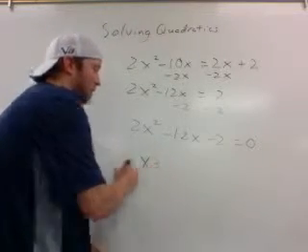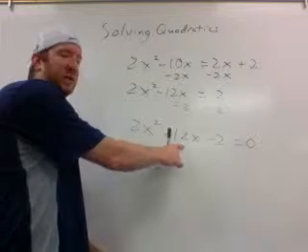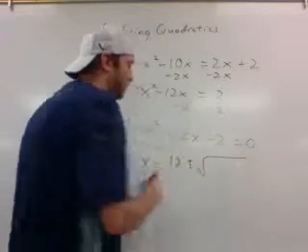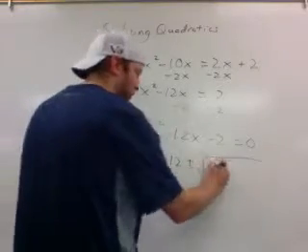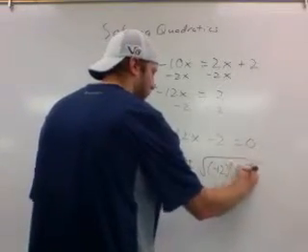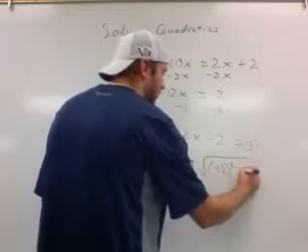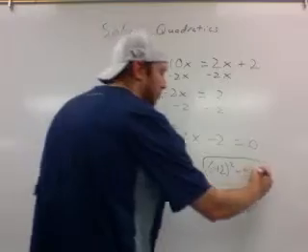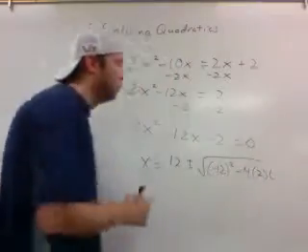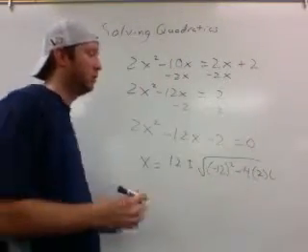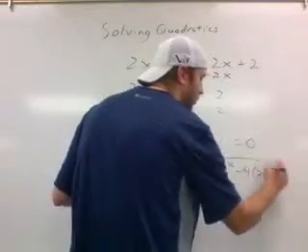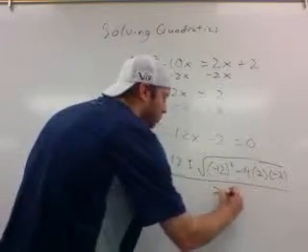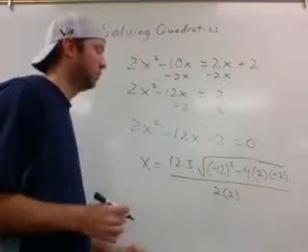So x equals the opposite of b, so the opposite of negative 12 is 12, plus or minus the square root of b squared, so negative 12 squared, minus 4 times a, and a is 2, times c, which is negative 2, all over 2a, or 2 times 2.